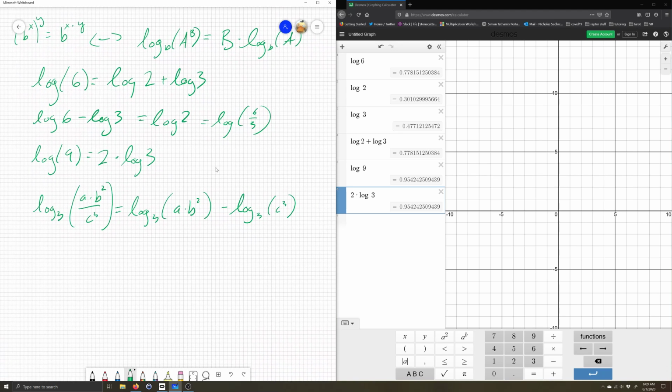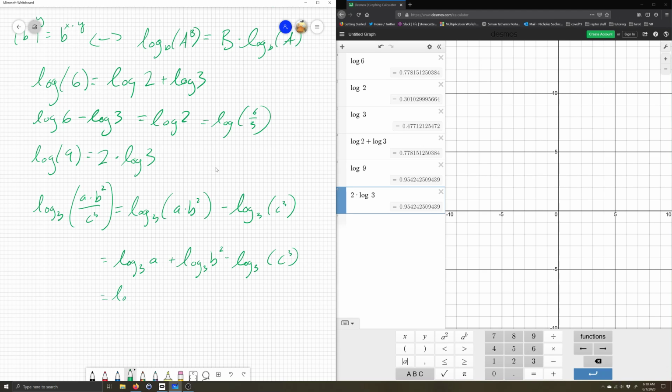And I know that if you've got a product inside a logarithm, you can switch it to a sum of logarithms like this. So log of a times b squared is log of a plus log of b squared.